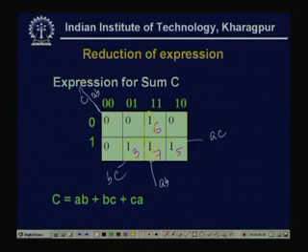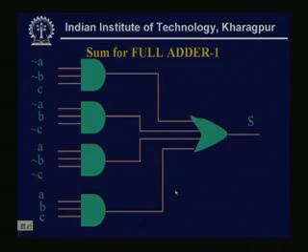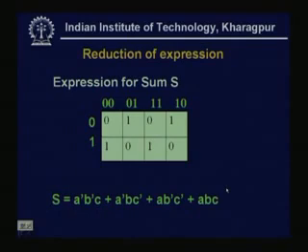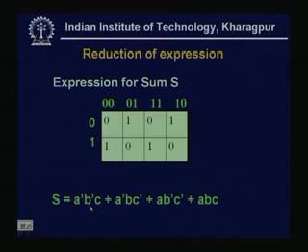Now, for the carry bit we have to see what will be the design. First the sum. The sum needs 4 three-input AND gates and 1 four-input OR gate.